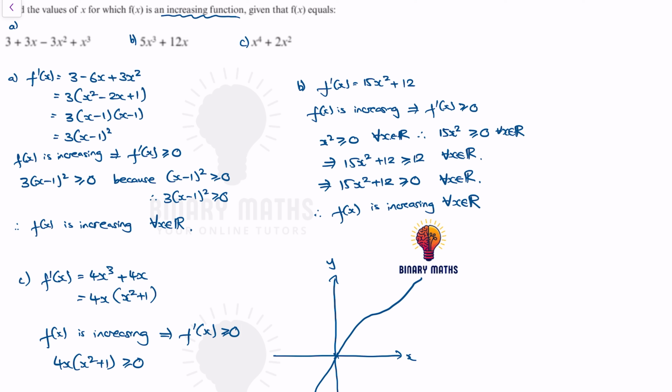It's greater than or equal to 0 for this part of the graph, so everything from then onwards, which means when x is greater than or equal to 0. So therefore, f of x is increasing for x greater than or equal to 0.